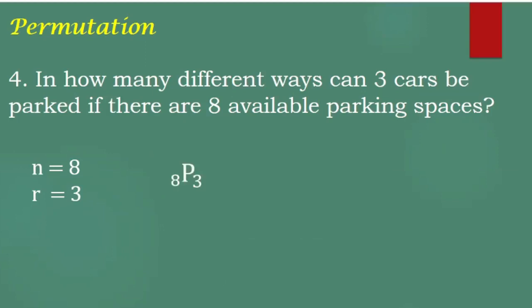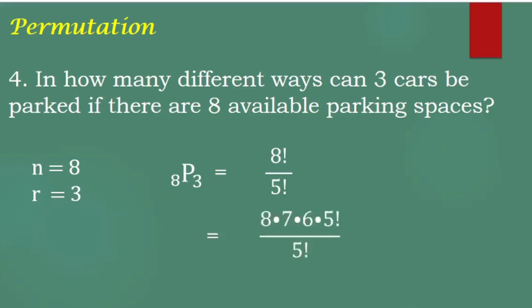Following the permutation formula, you substitute the values of n and r. We have 8 factorial because this is the value of n, and then we have 5 factorial. Sir, you said 3 factorial here and then 5 factorial? Yes, 8 minus 3 is 5. So therefore, we come up with 5 factorial.